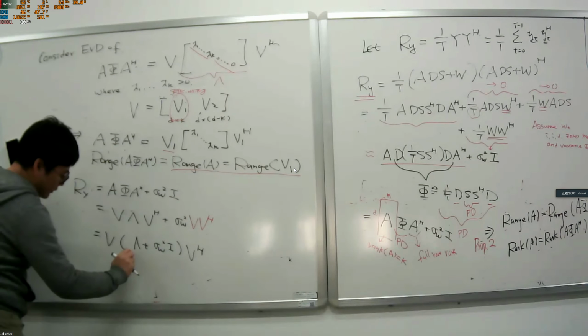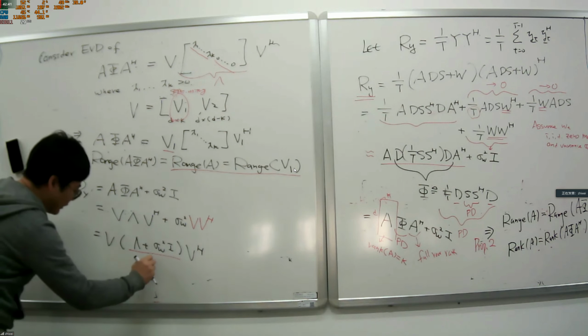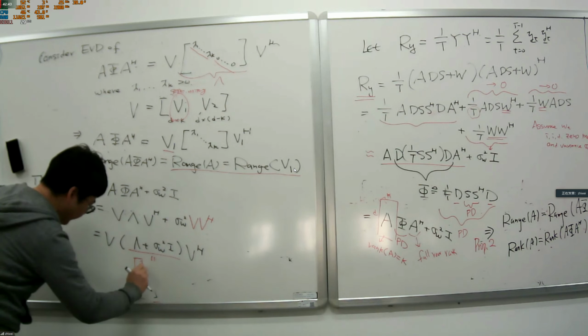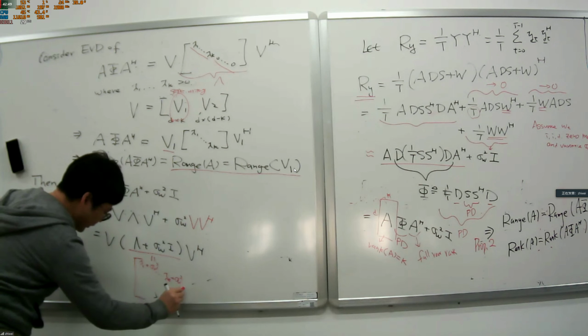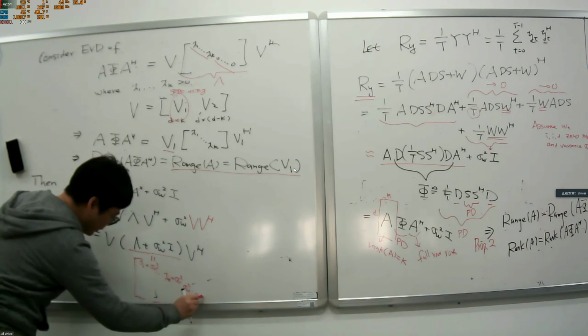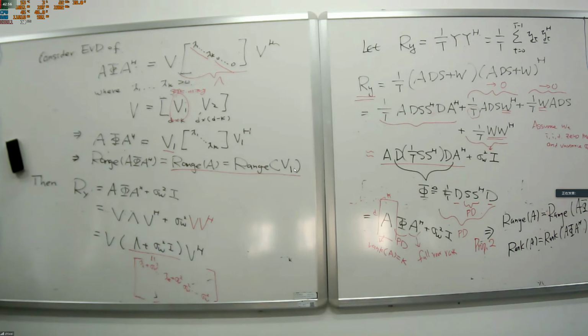This is diagonal, which means this is the eigenvalue decomposition for the correlation Ry. And this is diag(lambda 1 plus sigma W squared, to lambda K plus sigma W squared, and sigma W squared to sigma W squared).